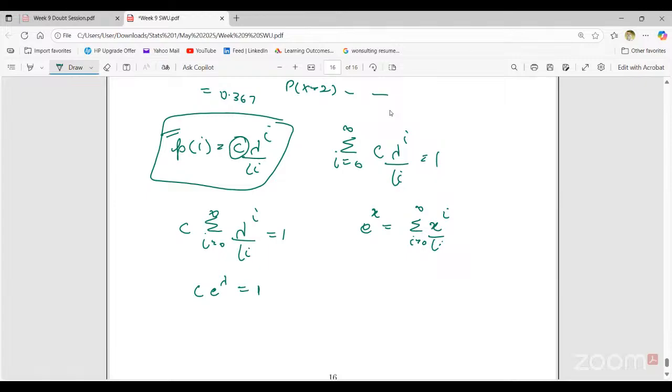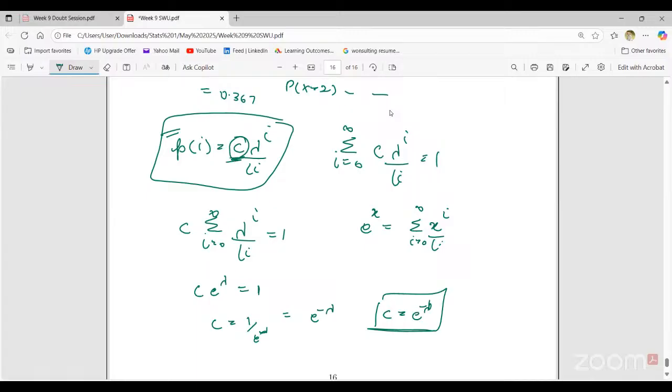So C will be equal to 1 upon e raised to the power lambda, which is e raised to the power minus lambda. So my value of C is coming out to be e raised to the power minus lambda.